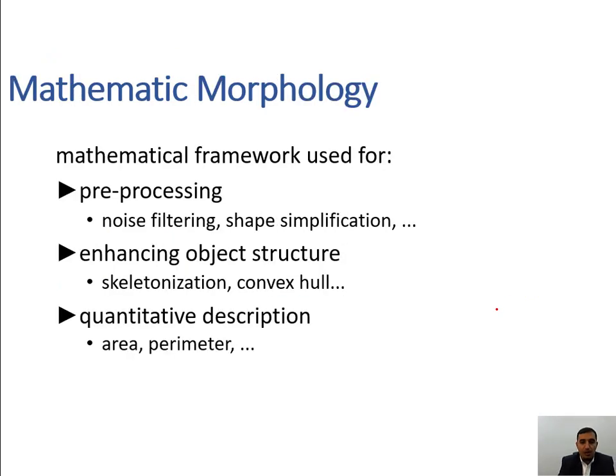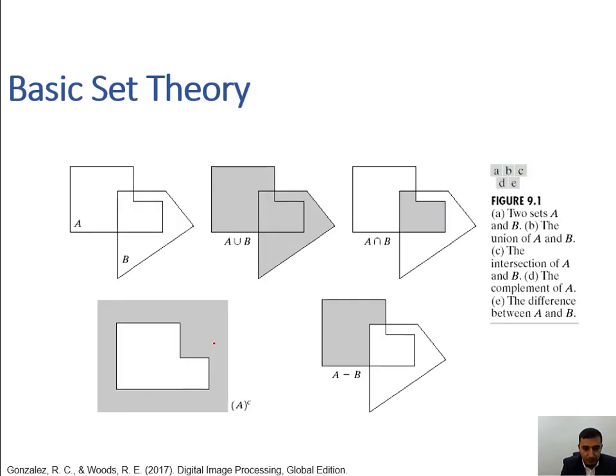The mathematical framework involves pre-processing the image, filtering the noise, and shape simplification, then enhancing the object structures using skeletonization or convex hull. Then we need to find quantitative descriptions such as area and parameters, which we will describe in module number 4 when we talk about feature extraction.